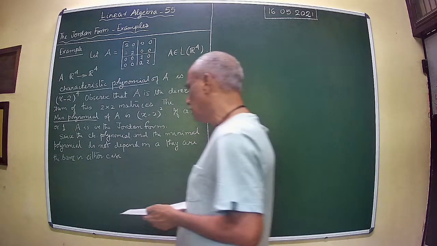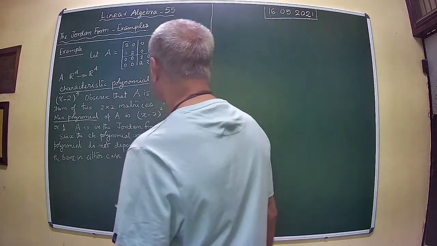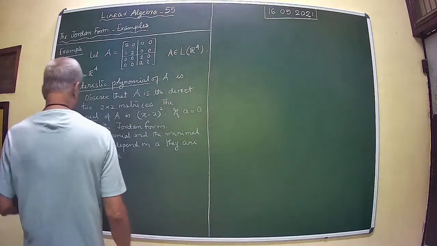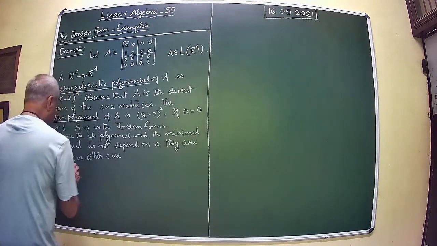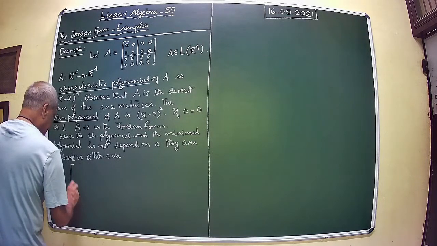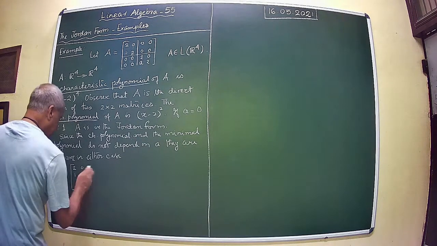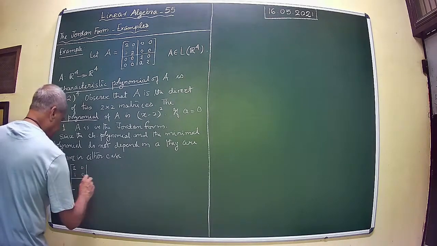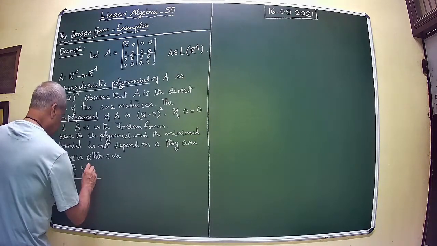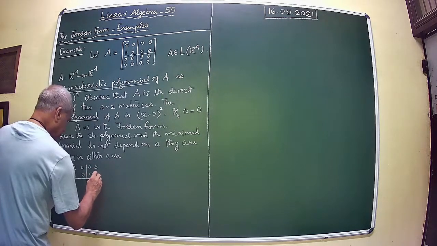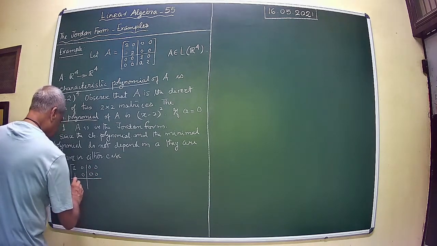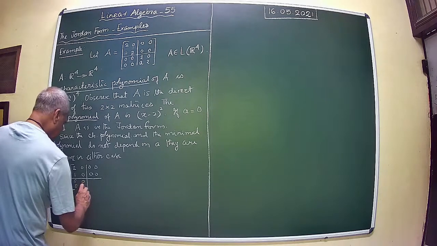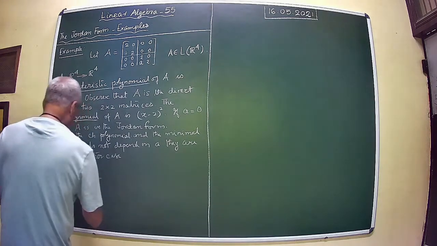But we shall observe that there are two forms in which it appears. So the two different forms are this: 2, 0, 1, 0. There is nothing that we need to do there. 0, 0, 0, 0, 0, 0, 0, 0.